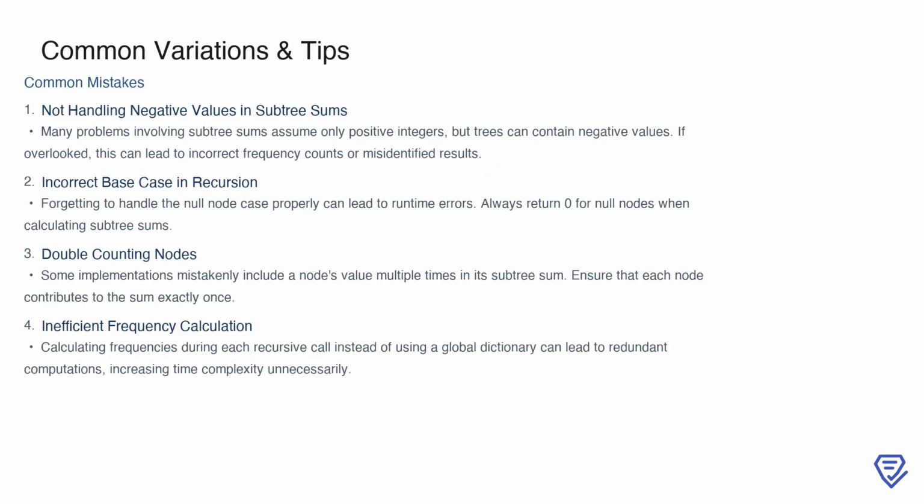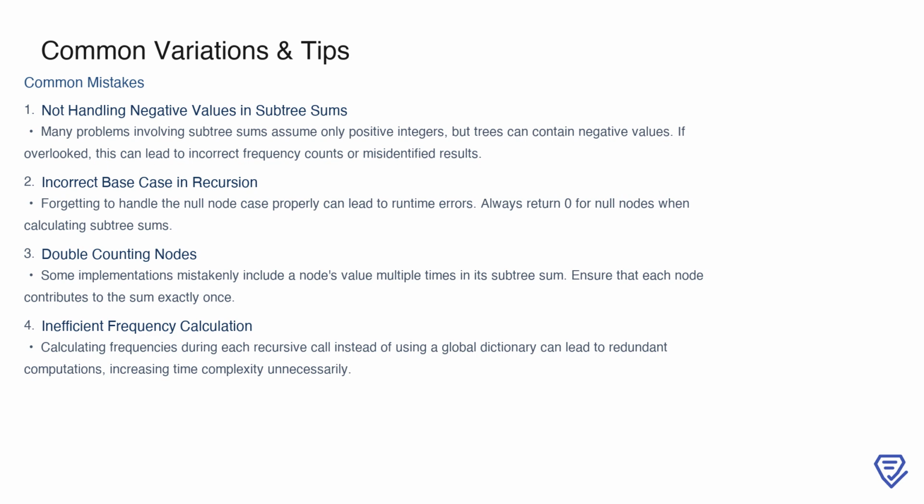Combining these factors, the overall space complexity is also O(n), making this an efficient solution in both dimensions. When working on subtree sum problems, there are several common mistakes to watch out for. First, it's crucial to handle negative values in subtree sums. While many problems assume positive integers, trees can also contain negative values, which, if overlooked, may distort frequency counts and lead to incorrect results. Next, ensuring the base case in recursion is correctly implemented is vital.